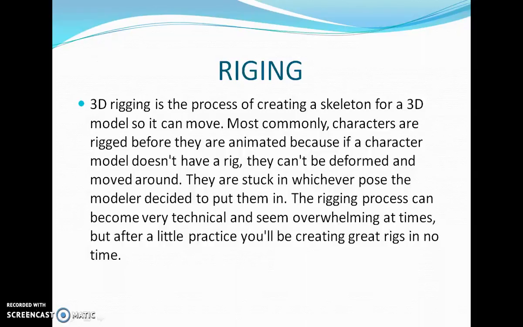They are stuck in whichever pose the modeler decided to put them in. The rigging process can become very technical and seem overwhelming at times, but after a little practice, you will be creating great rigs in no time.